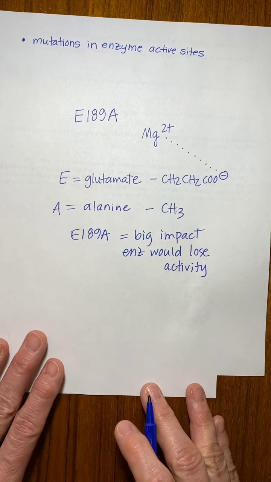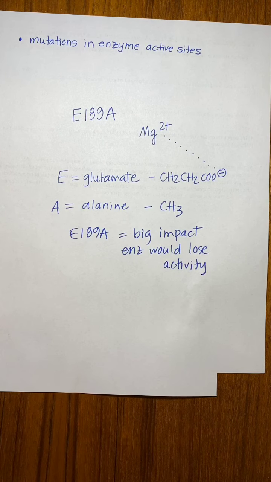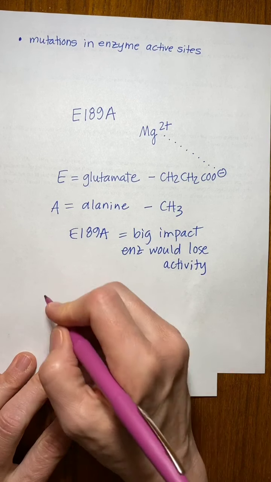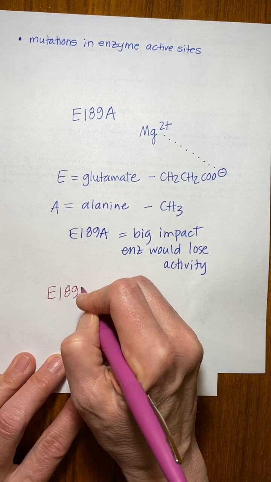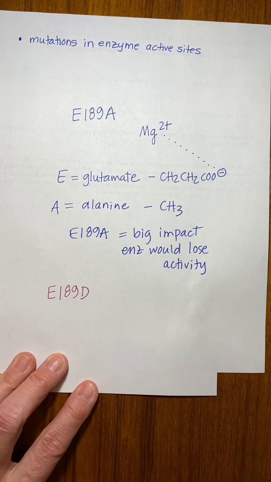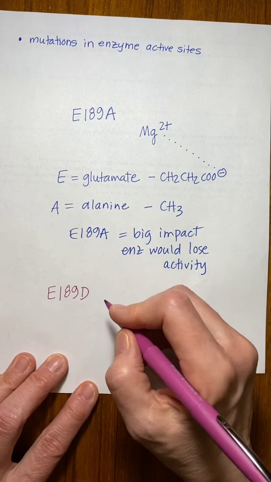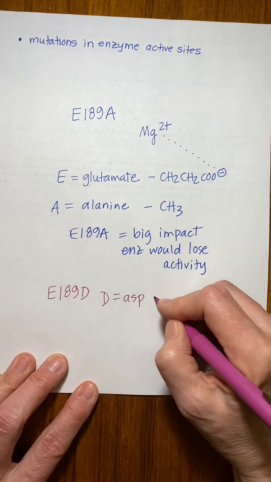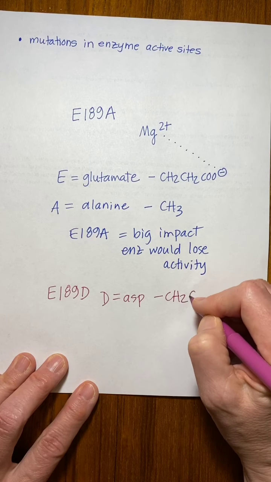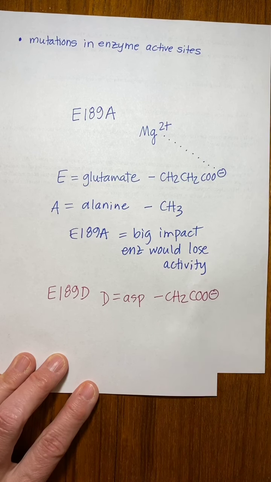Then for purposes of the test, think about a way you could make a mutation that would not have a big impact. What if you did this mutation, E to D? Again, E is glutamate. What's D? D is aspartate, and that has almost exactly the same side chain as glutamate does.